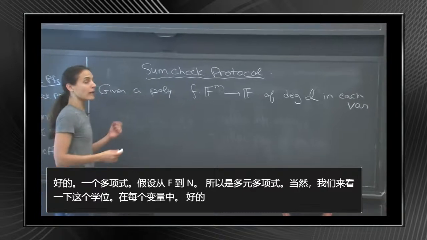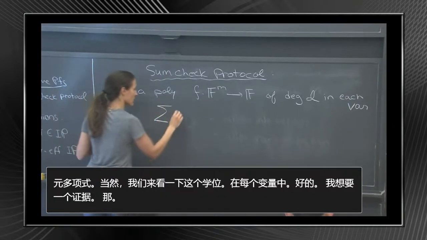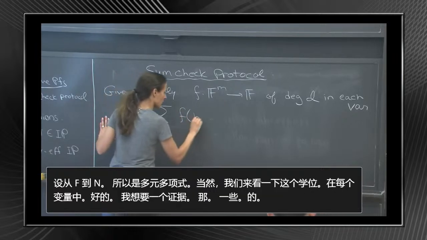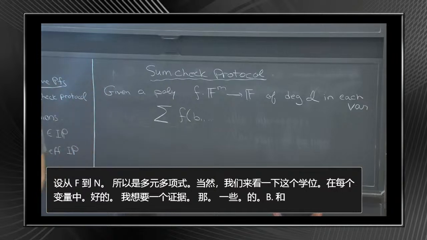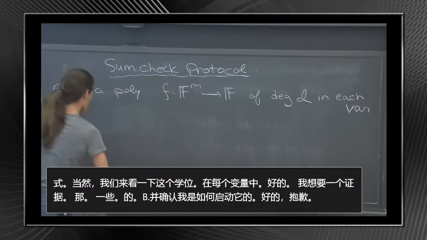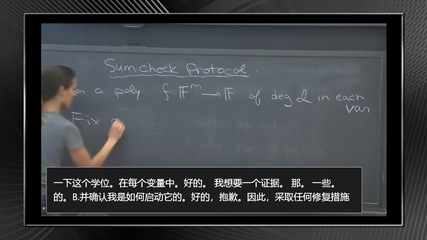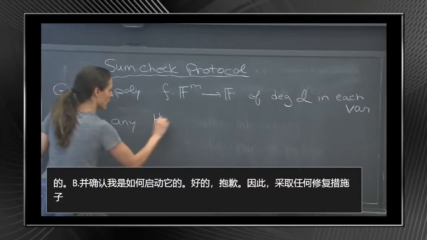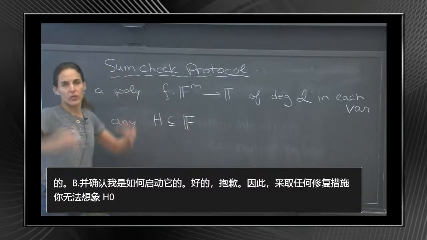I want a proof of the following. Sorry, let me make sure how I wrote it down. Fix any subset H of F. You can think of H as {0,1}, or you can think of a bigger set.